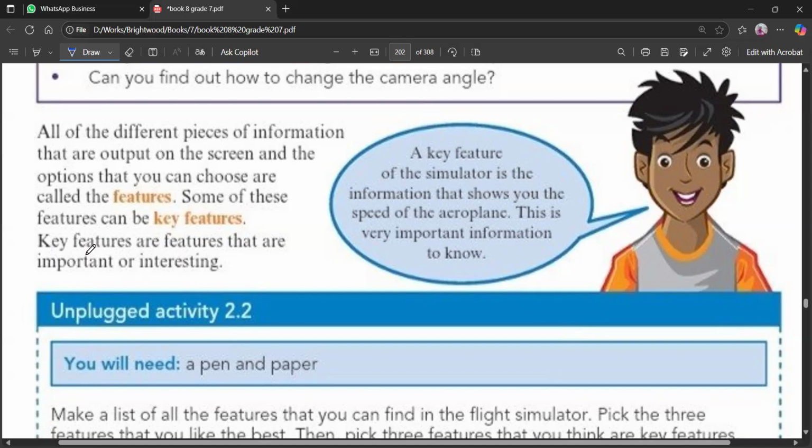There can be several options in a simulator or system or anything. There can be several features. Some of these features can be taken as key features.